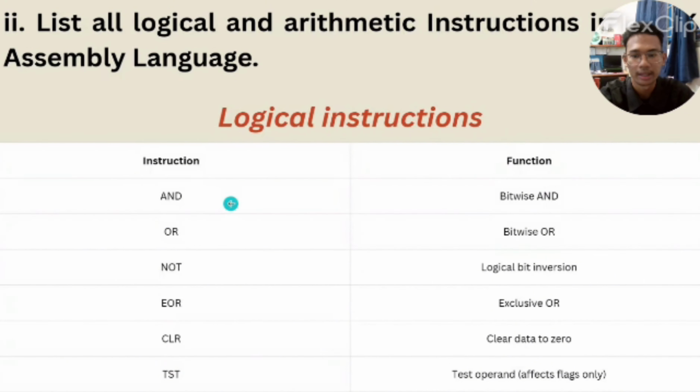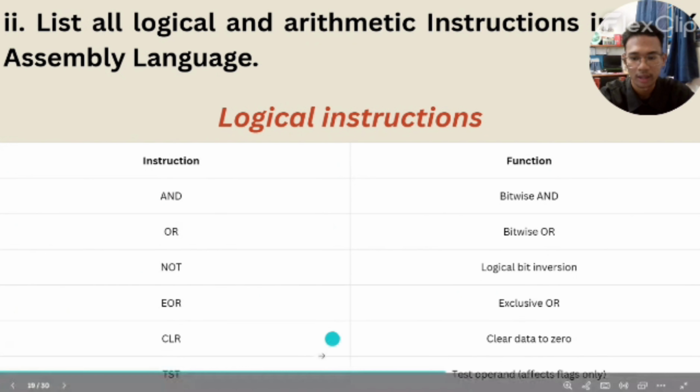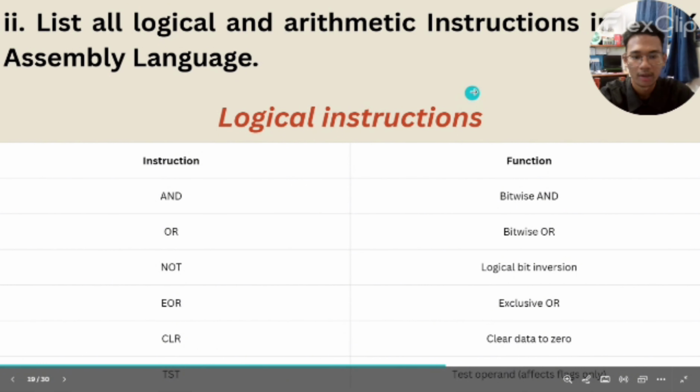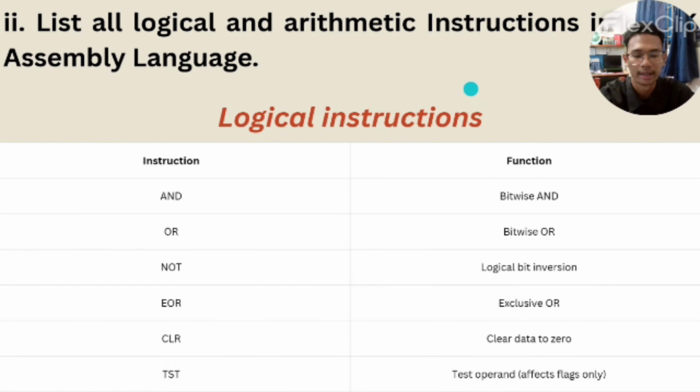For example, AND, the function is bitwise AND. For OR, the function is bitwise OR. The instruction NOT is logical bit inversion. And the others have their own functions too, so you can read it.